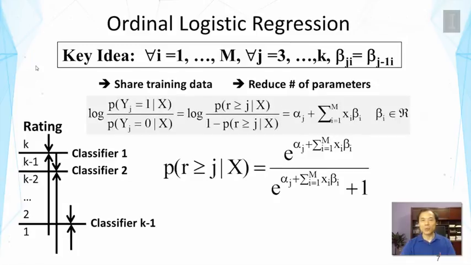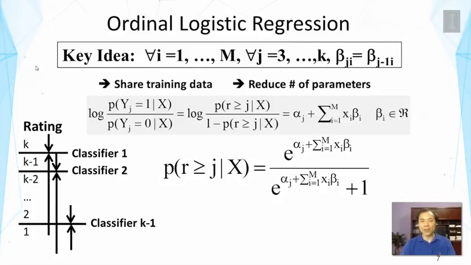So what's the consequence? Well, the formula would look very similar to what you have seen before, only that now the beta parameter has just one index that corresponds to the feature. It no longer has the other index that corresponds to the level of rating. So that means we tied them together, and there's only one set of beta values for all the classifiers.